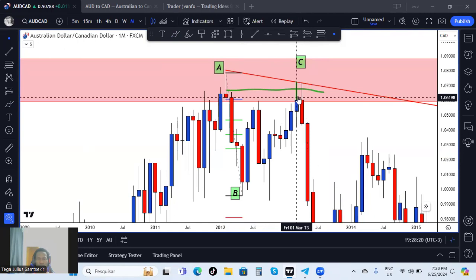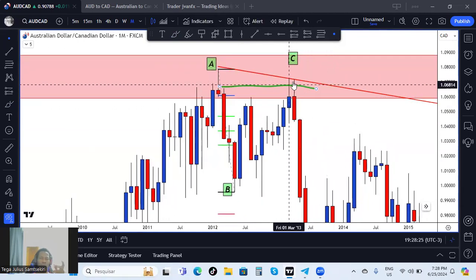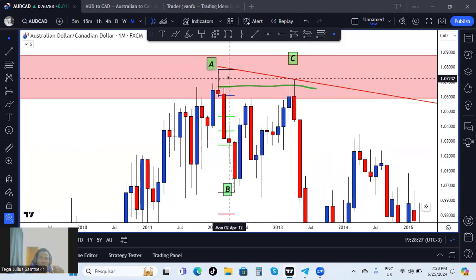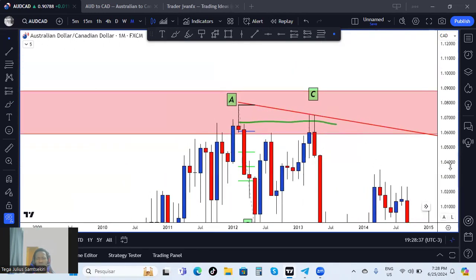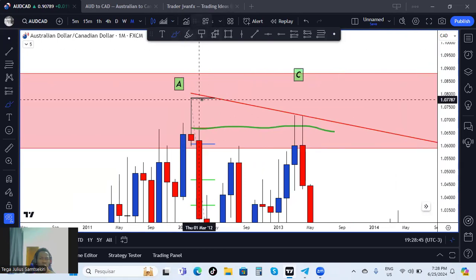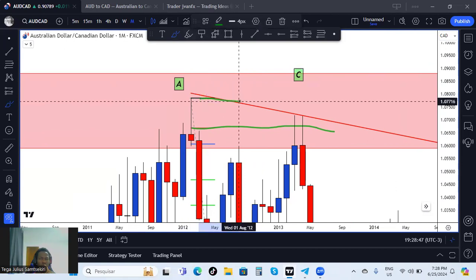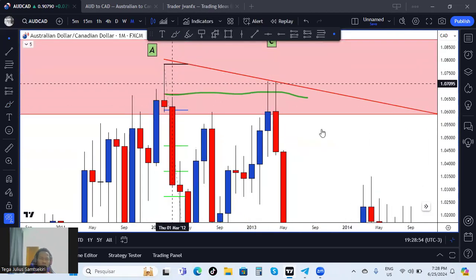At this point in time, since this is the area the market came to before it started selling, from here to here it is red. Even if the market comes towards this level, even just for one pip, and did not touch that black line, and then decides to go all the way back down, it's going to go from red to red.